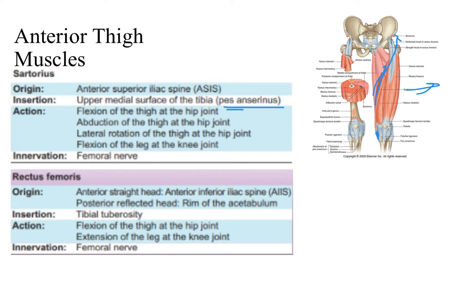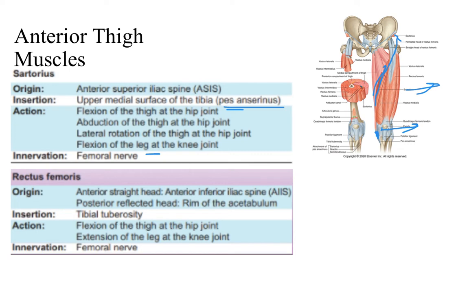So if you pull on the medial aspect of the knee, your thigh is going to turn that way. And flexion of the knee at the knee joint. It is attached here, so when it pulls, there's going to be a slight flexion, although this is not going to be one of your major knee flexors. And the nerve that supplies it is the femoral nerve.